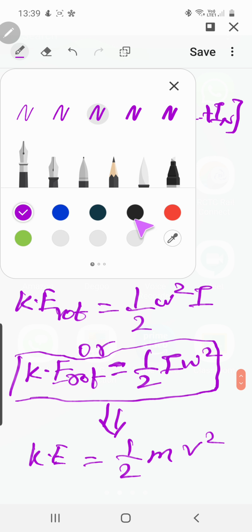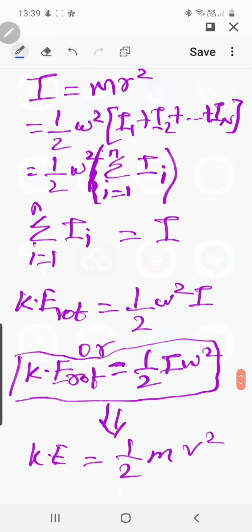So you can see that wherever m is coming, we got I, and wherever v is coming, we got omega.